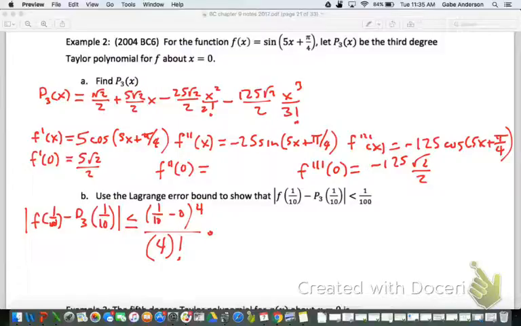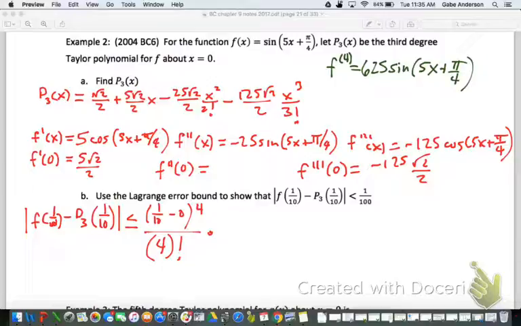The n plus 1th derivative would be the fourth derivative. I'm going to put this up here in a different color. The fourth derivative: what is 125 times 5? 625. And of course the derivative of cosine is negative sine, so the negatives would cancel out. So it'd be 625 sine of 5x plus pi over 4.